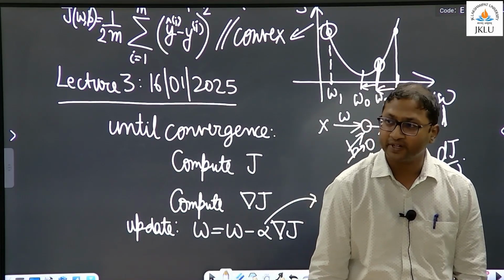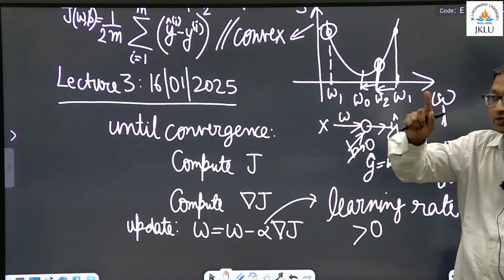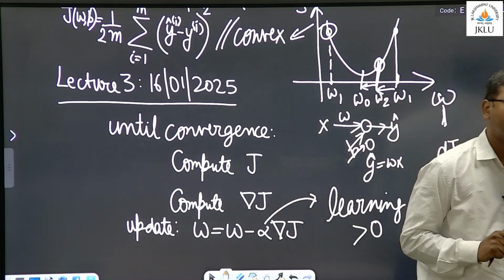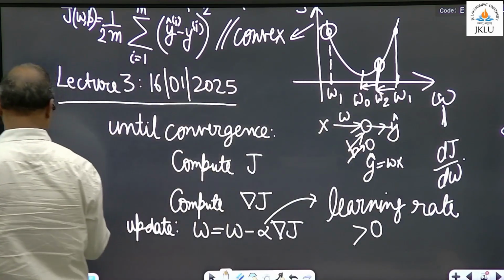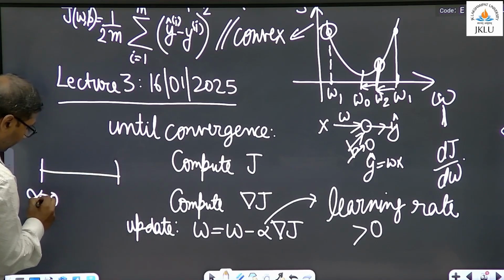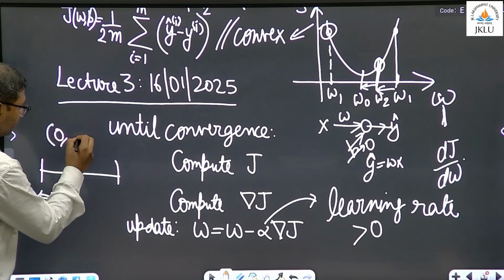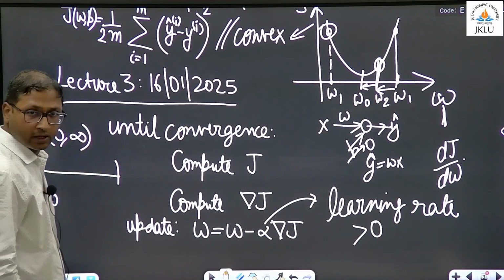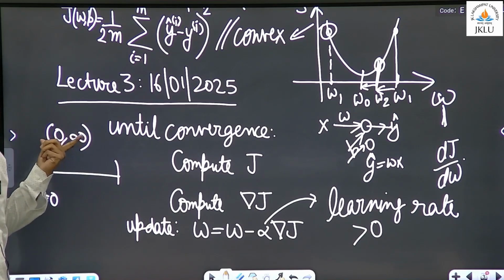If you keep alpha fixed, by the way, yes, there is one important thing, thank you for this. So if alpha is very close to 0, what happens? I want to draw this spectrum now. Let us say alpha equal to 0, but it will never become 0, so alpha lies between 0 and infinity, and this bracket means not included.